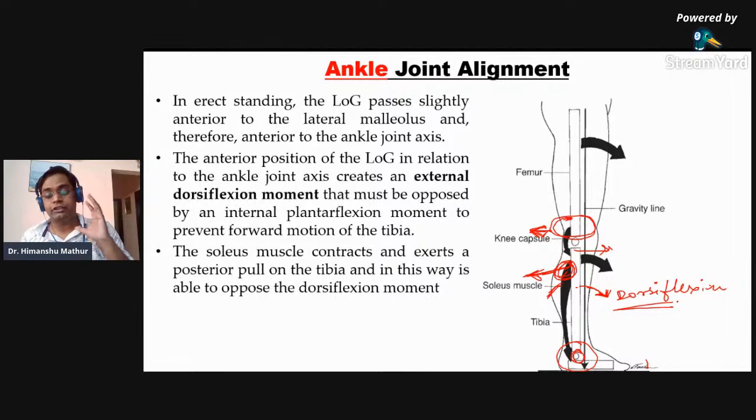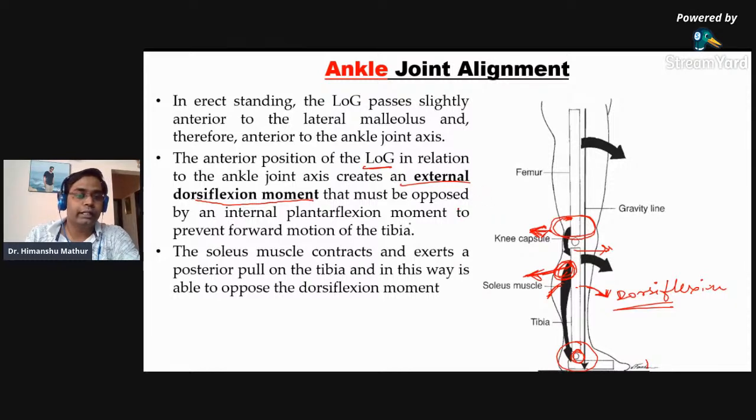Now the dorsiflexion movement or torque created by the external load is being counteracted by the internal load of the soleus muscle or the plantar flexors, right? So this can be said. Now, the anterior position of the line of gravity in relation to the ankle joint creates an external dorsiflexion movement, as I told you, right?